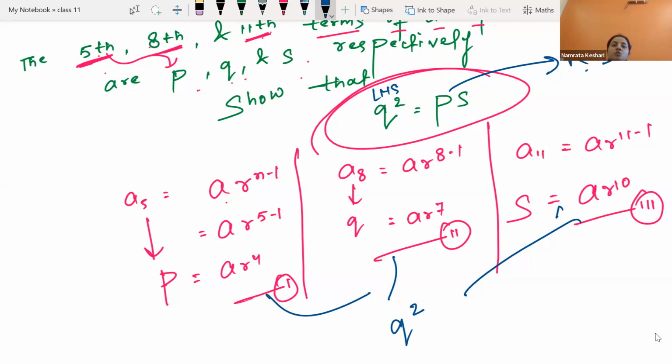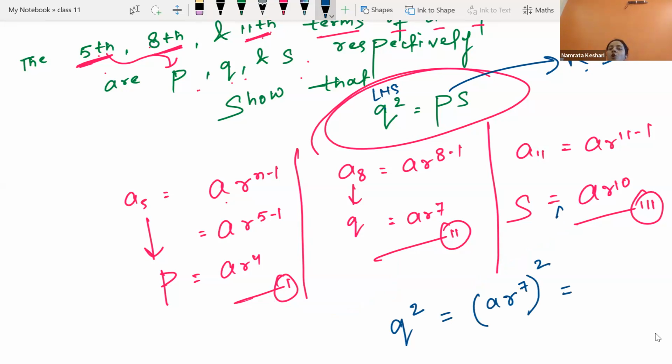Yes, ma'am. So here we don't know where to go, what to do, so I thought, let's solve the LHS. That means q square. How? Whatever our q is, we will square it. Getting it? Yes, ma'am. That means we will use the law of exponents. The law of exponents says that everything takes its power.